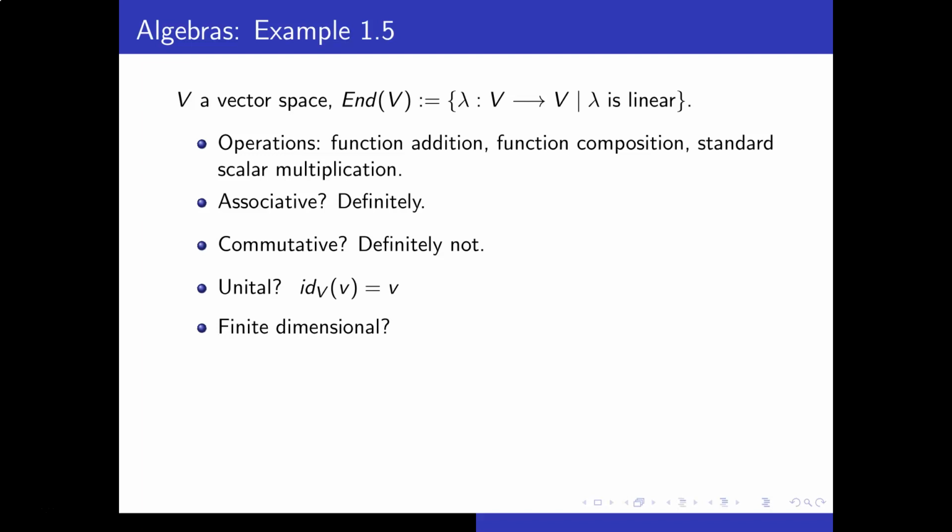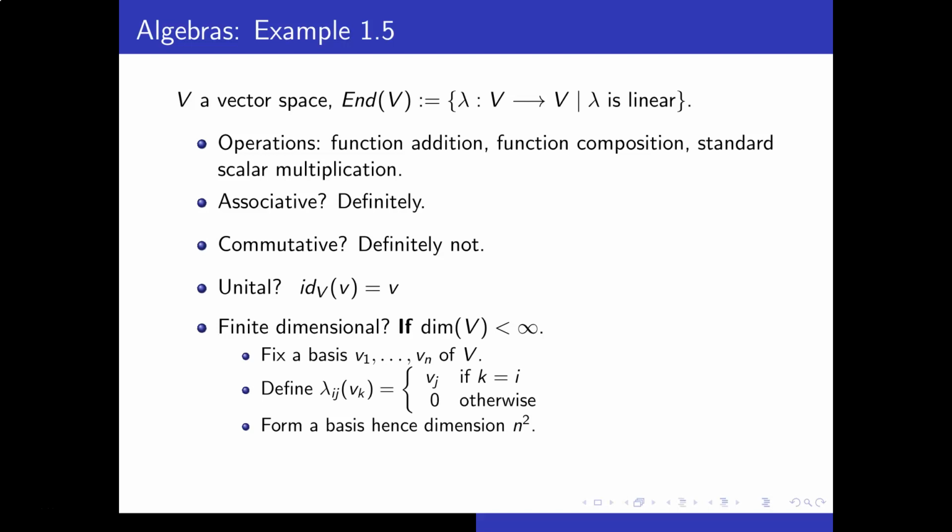All right. Now, is it finite dimensional? Well, this is why it's example 1.5, not example 2. If V is a finite dimensional vector space, then yes. If I take a basis v1 through vn of V, I define these linear functions lambda sub ij on vector vk.